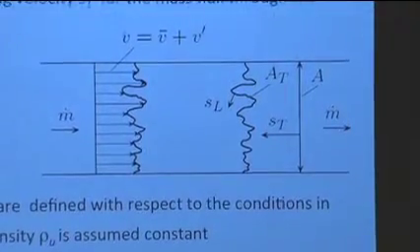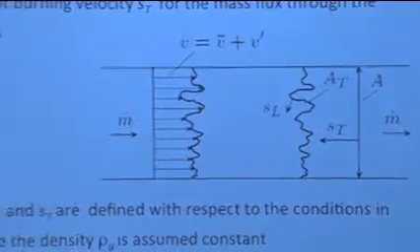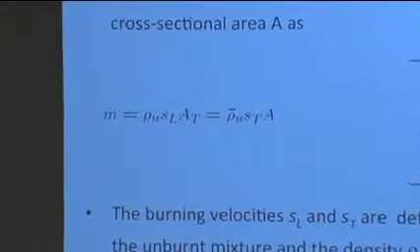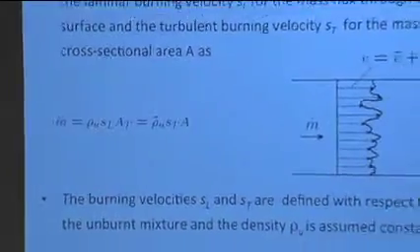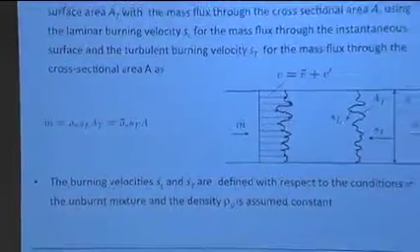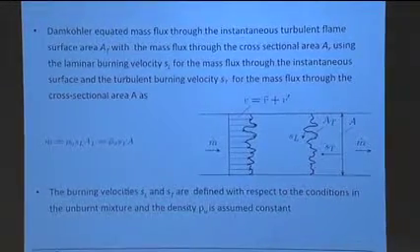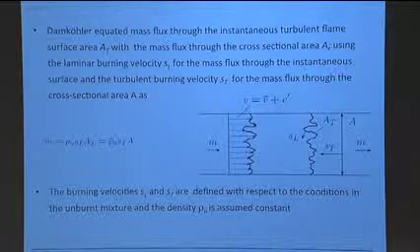And he said, so what's the mass burning rate of this? Of course, that's easy to see: the mass burning rate is rho unburned times the surface area of this flame times Sn. That's the mass burning rate of the instantaneous flame.